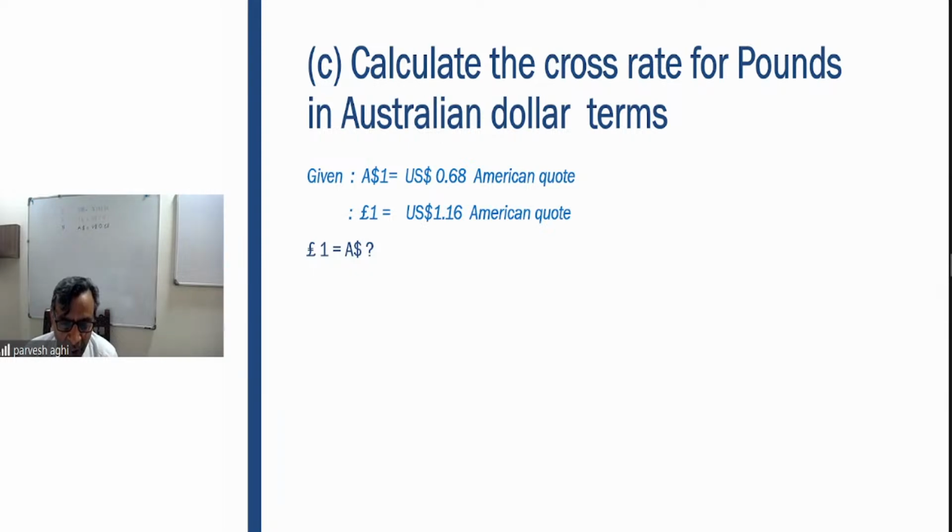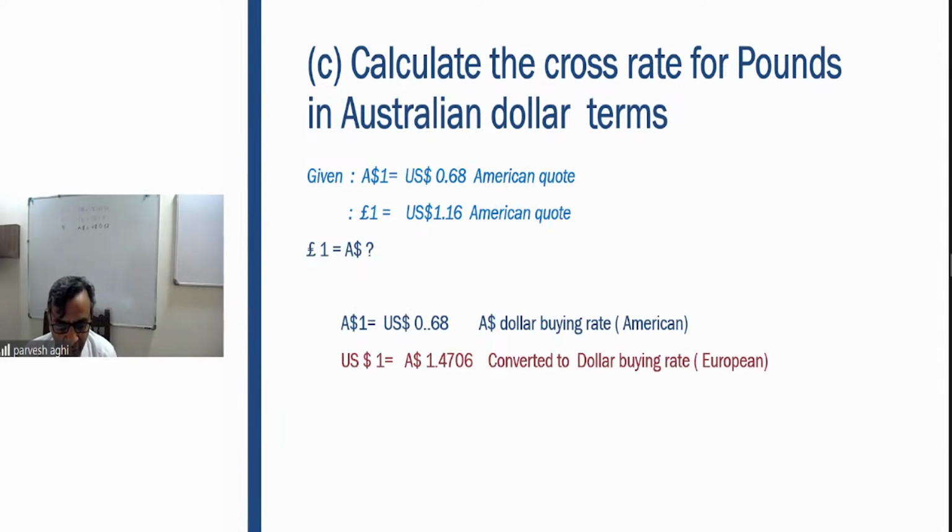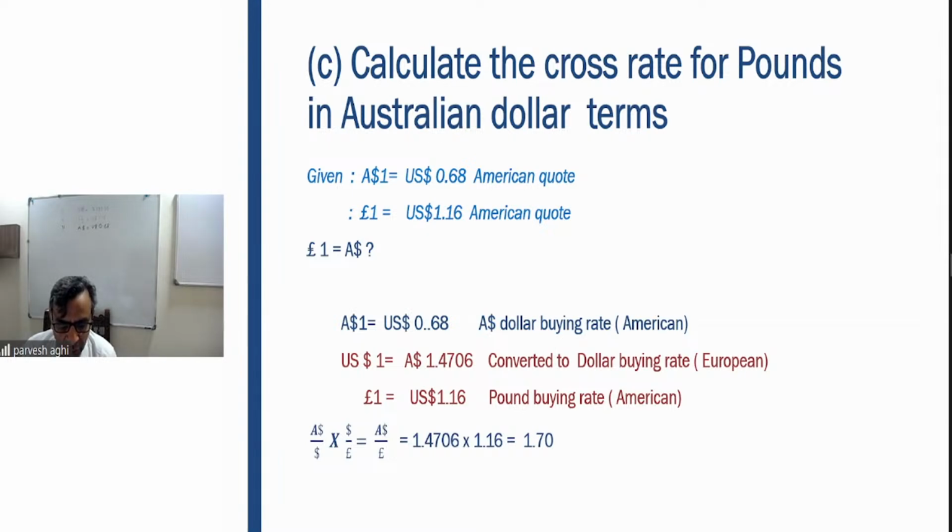First you are going to buy a dollar, but the quote given to you is not in terms of dollars but in terms of Australian dollars. So you have to convert that into Australian dollar terms. Then simply buy a pound using your dollars. You can do the same multiplication and find out.